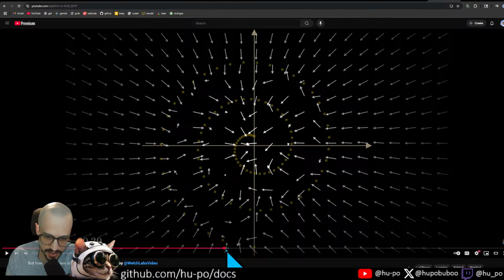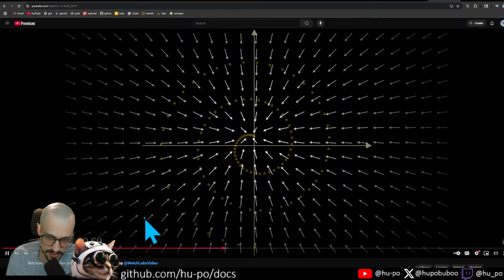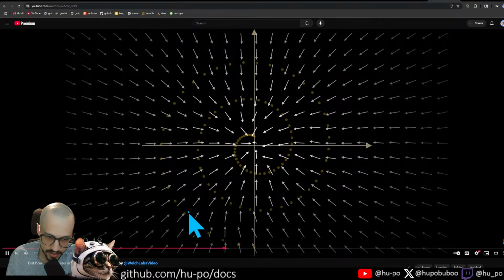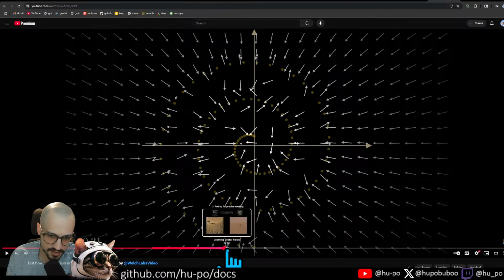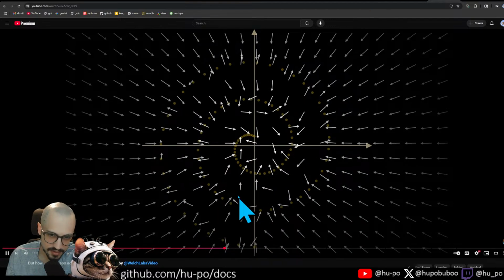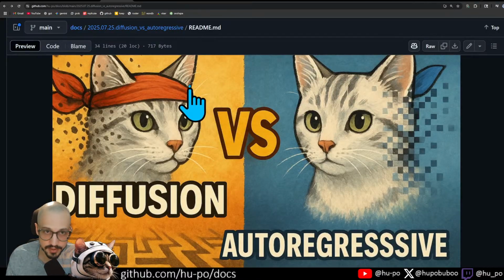So you can see here initially, right, your field just points you to the center, but then once you cross this weird threshold at 0.4, it points you to a more specific narrow place. So this is the time varying field that a diffusion model is producing.